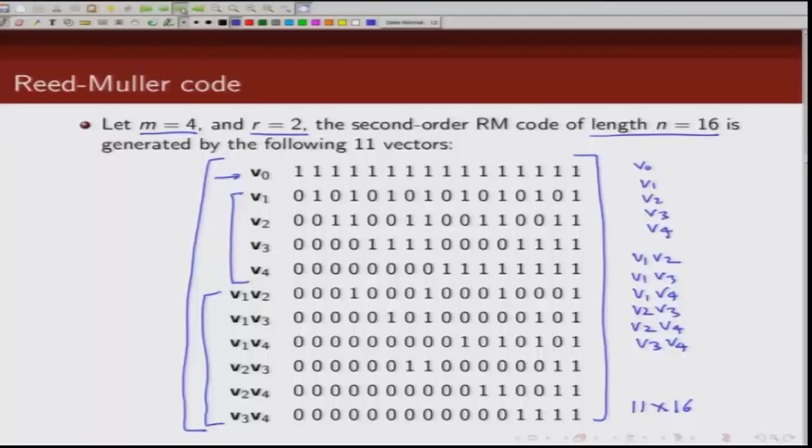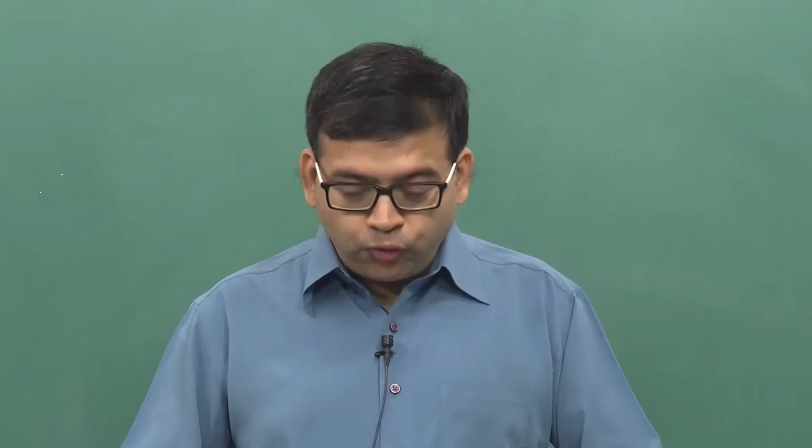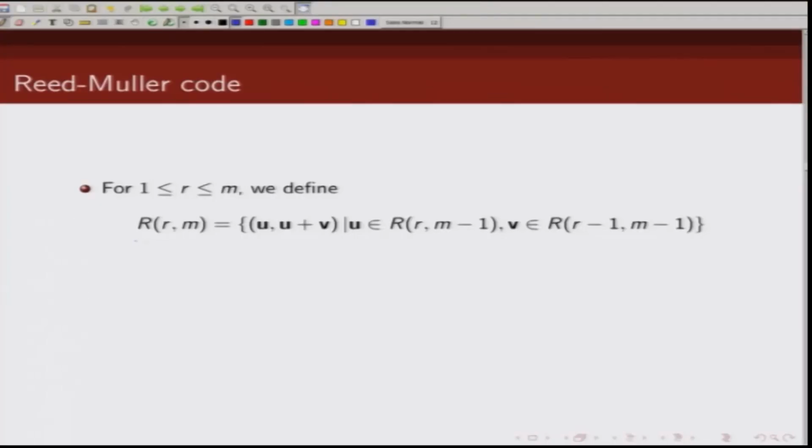Now, this is another alternative construction of the Reed-Muller code. So, if you are given Reed-Muller codes of length 2 raised to power m minus 1, then you can use two of them to construct a Reed-Muller code of length 2 raised to power m. So, how do you do that?